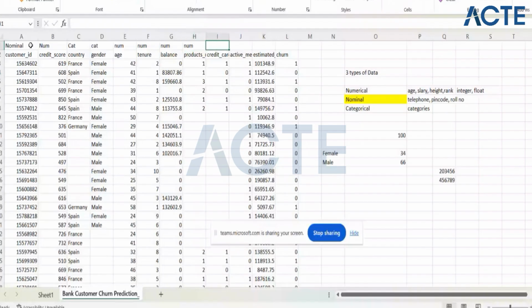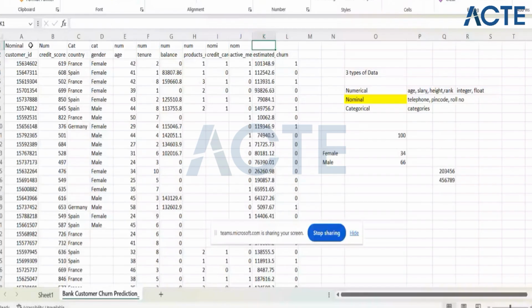Correct, nominal, because whether he has a credit card or not is one or zero, right? Next, active member. Again, nominal. If it is one, he is active; otherwise, zero, he is not active. This one, estimated salary. Numerical, sir. Correct.